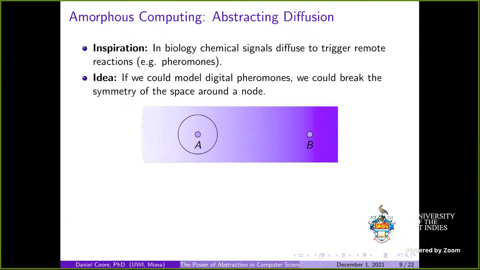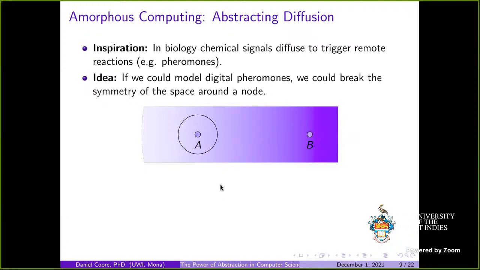Now, what we'll see is that the concentration of that diffused substance is going to be higher in directions closer to B. And it's lower in the directions that are further from B.